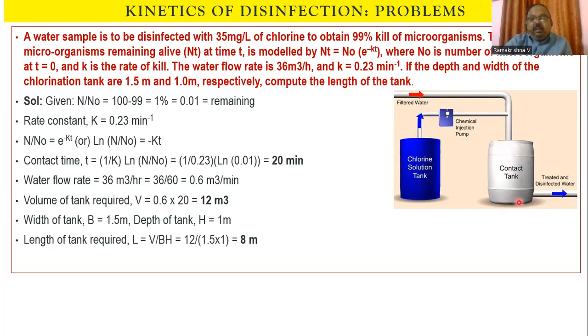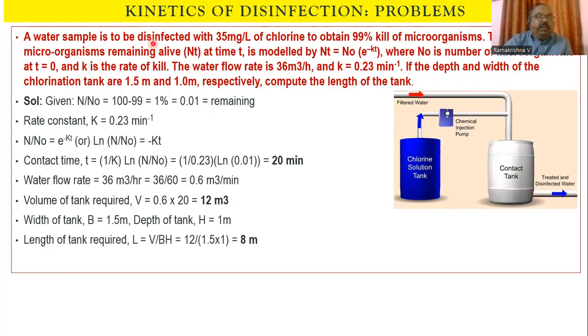And this is where the volume of the contact tank is important. For finding out this volume, we need to know how much should be the contact time, and based on that, what should be the volume of the tank. That's how you are going to calculate. After this, this water is now sent to further steps of distribution.